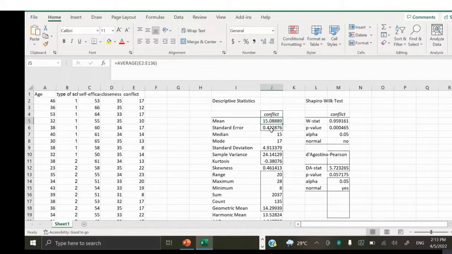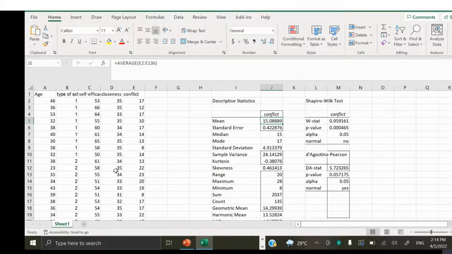So this is a measure of dispersion. Standard error is the approximate difference between the sample mean and the population mean. Remember that this is a sample only. These 135 people are just a sample of parents who are homeschooling and remote learning their children.